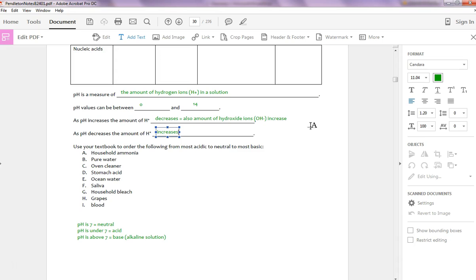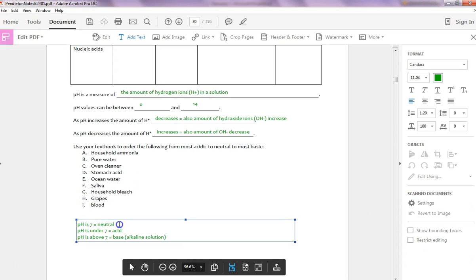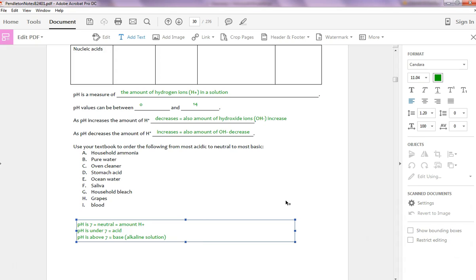So let's ask ourselves here. As pH decreases, goes down, the amount of hydrogen ion increases. So that also means that the amount of hydroxide ions decreases. What does that mean down here with these numbers? Whenever something's neutral, the amount of H plus is equal to the amount of OH minus.